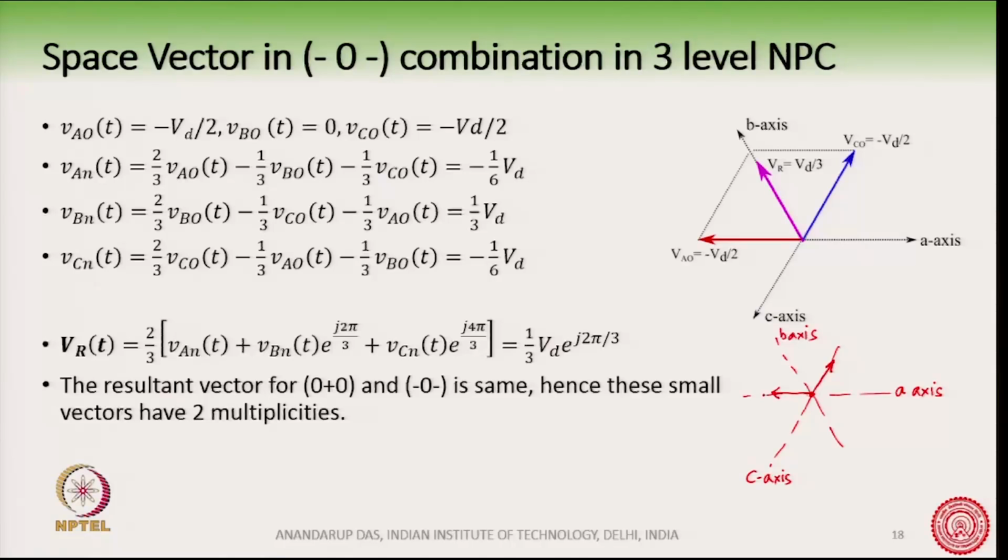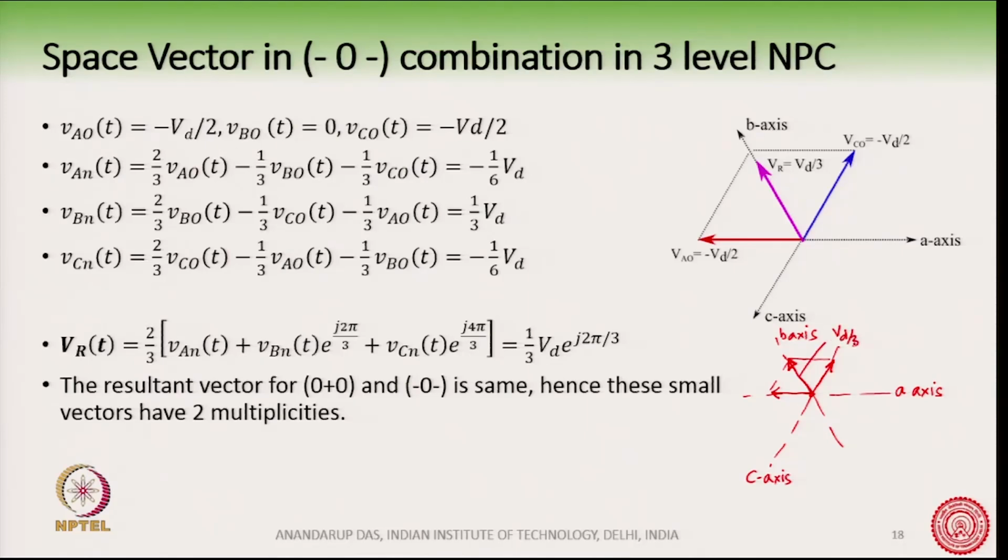So, there is a minus Vd by 2 and minus Vd by 2, and the resultant of these two, by the use of the parallelogram law, we can find is like this, with a magnitude of, because we have multiplied the 2 by 3 here, Vd by 3.